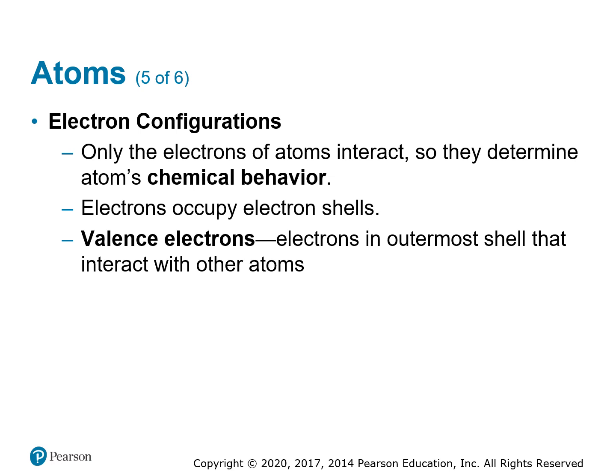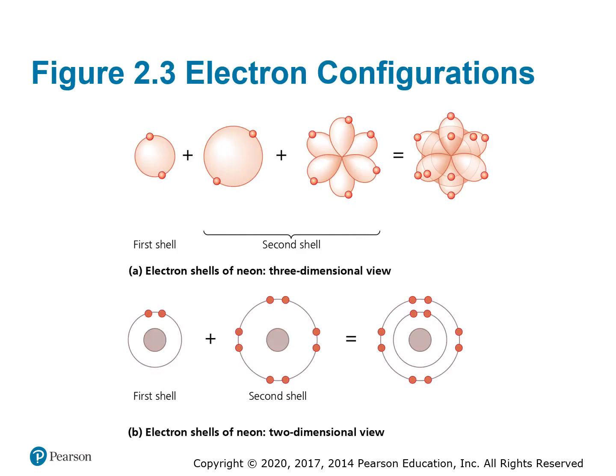In terms of electron configuration, chemicals behave similarly when they have similar electron configurations, and this is given to us by the valence shell of electrons. As you can see here, the first shell is occupied by 2 electrons, and every shell after that contains 8.